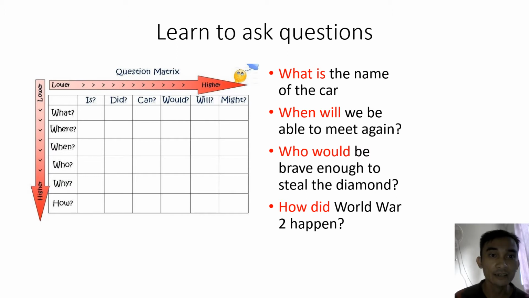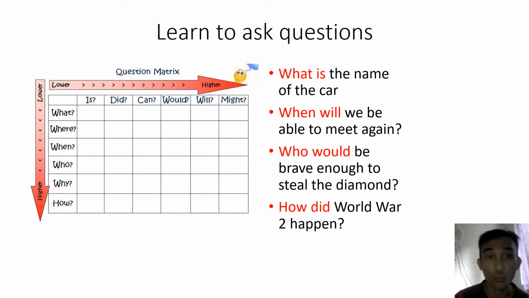So if you look at the panel on the left side, it has the WH questions: what, where, when, who, why, and how. And when you look at the top panel, it has the words is, did, can, would, will, might. So if you combine these two, you are able to create questions.